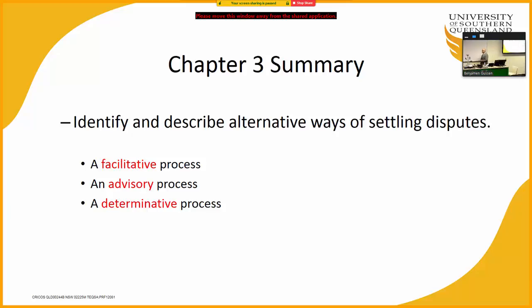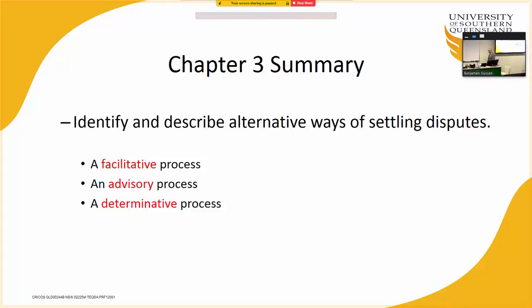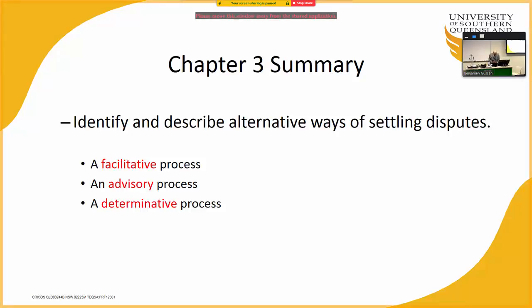Now, this idea of alternative dispute resolution is going to be our topic for the assignment. So we're going to spend much more time talking about ADRs. But in a nutshell, for our purposes today, we're going to say that there are 3 types of processes, and you can see them as well on page 60 of your course book.